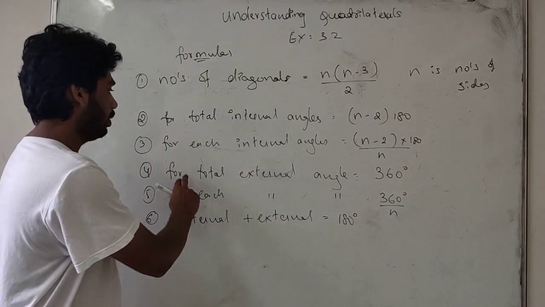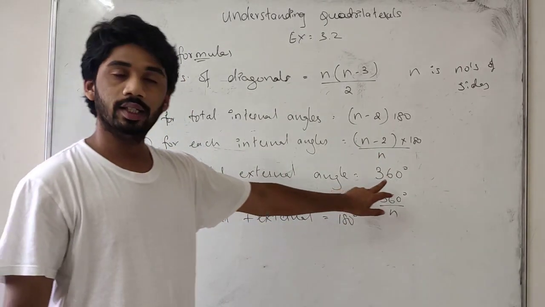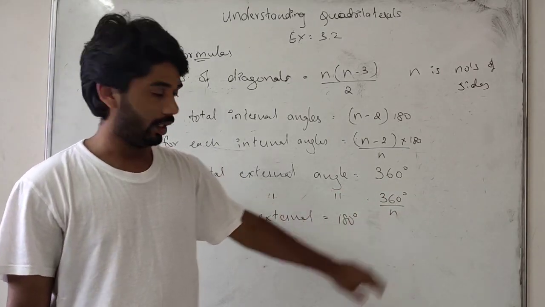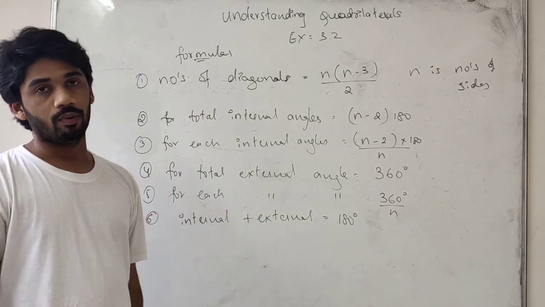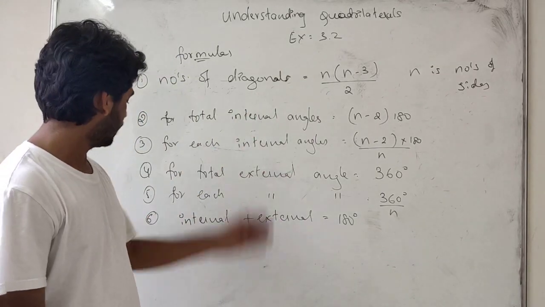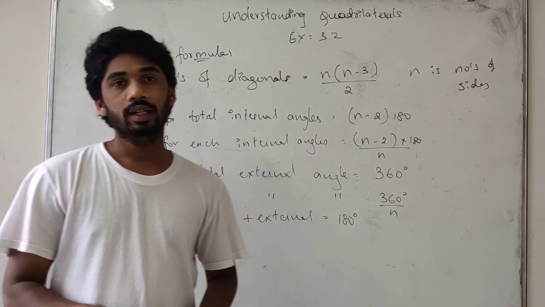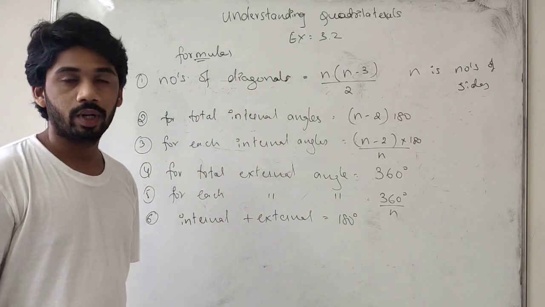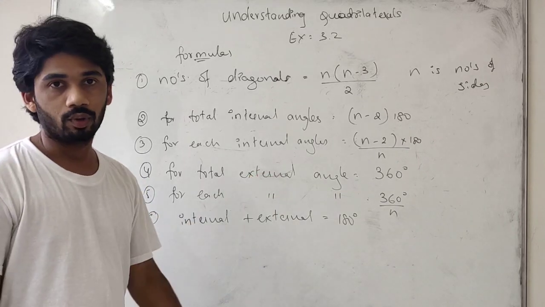For total external angles, 360 degrees. For each external angle, 360 divided by n. Internal plus external is equal to 180. If you know these 6 formulas, you can easily do the problems.